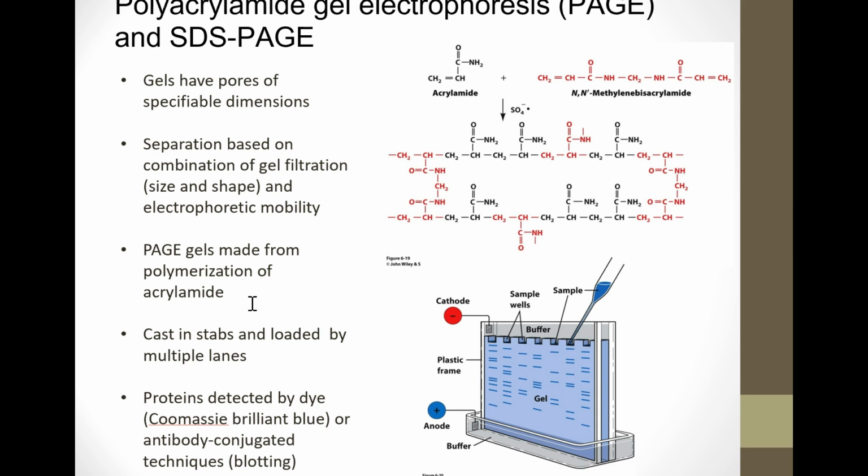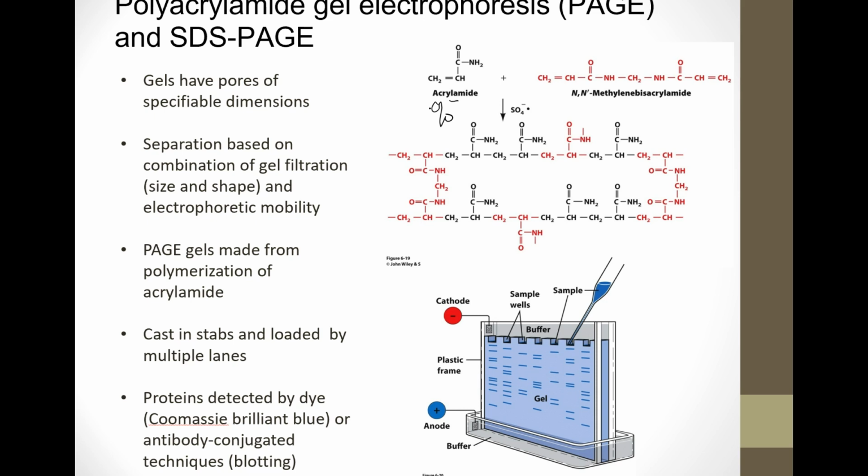So, polyacrylamide gel electrophoresis is PAGE, and SDS-PAGE is a subtype of PAGE which involves denaturation. And I don't want to go too far into this. Obviously, you don't need to remember the specifics of how acrylamide gels polymerize, but what you do need to know is that you can change the porosity of the gel based on the percent acrylamide you put into solution.